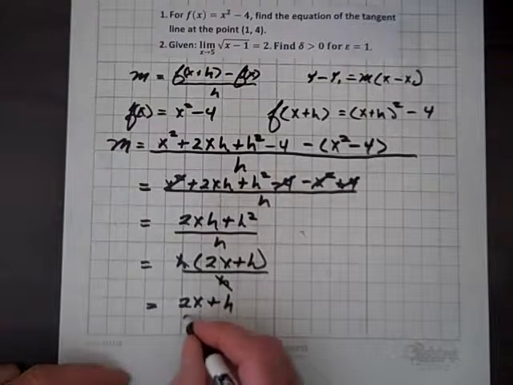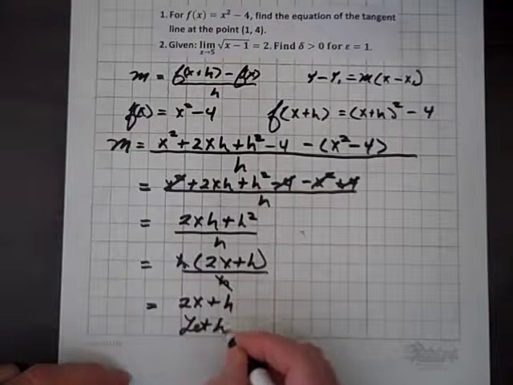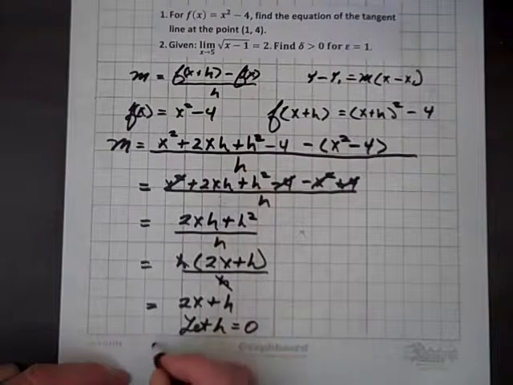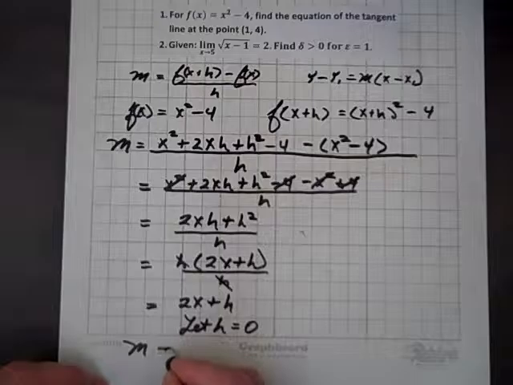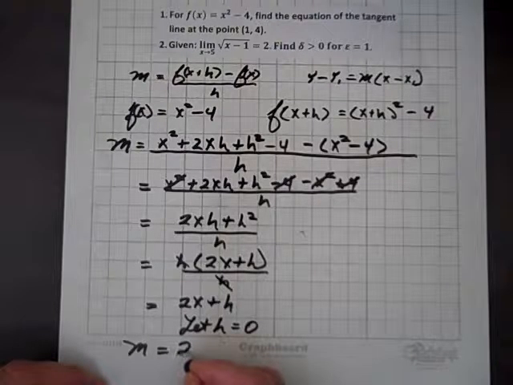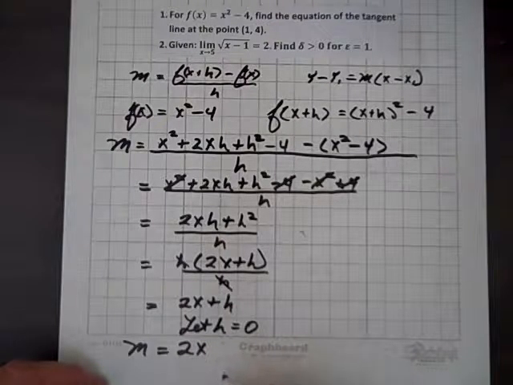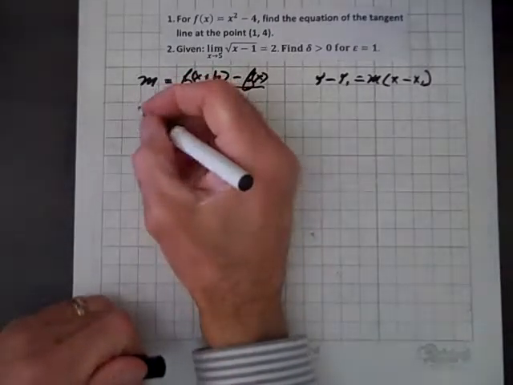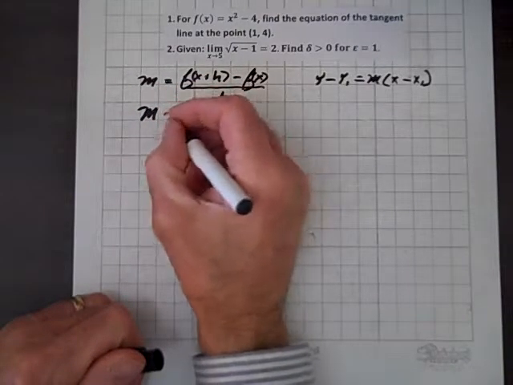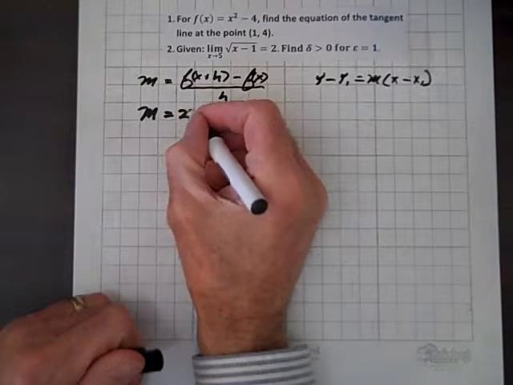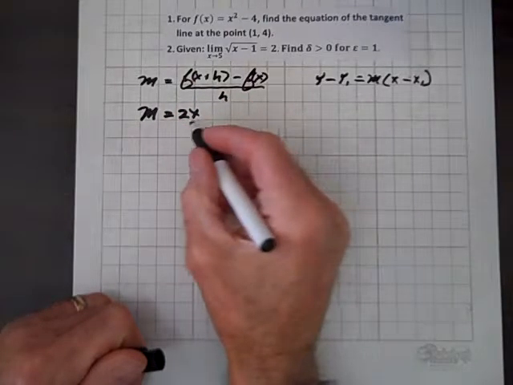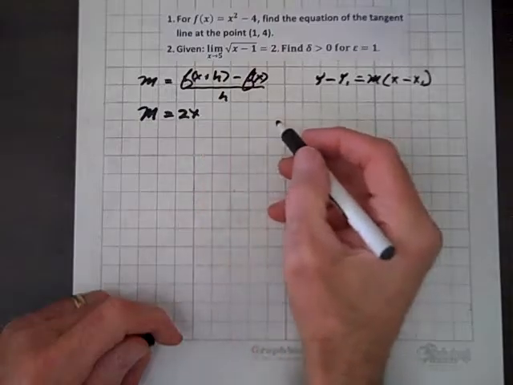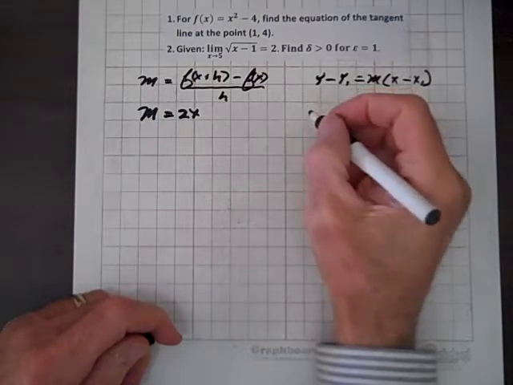So we're going to let h equal 0, and now m, the slope, equals 2x. So we have that the slope equals 2x. That's the slope of the tangent line at any point on the curve.